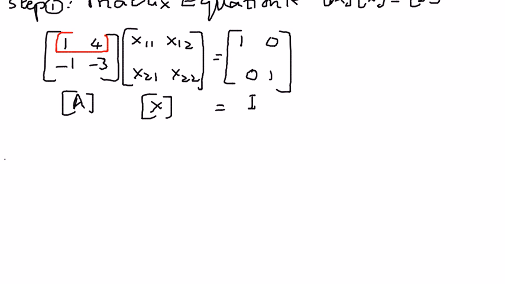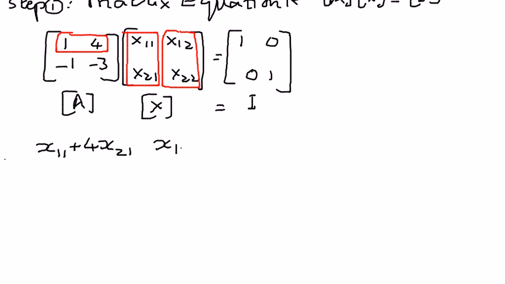We take the first row of the first matrix, multiply it to the first column of the second matrix, and then multiply to the second column of the second matrix, like this. 1 times x11 will be x11 plus 4 times x21 will be 4x21, and then the next one will be 1 times x12 will be x12, and then plus 4 times x22.